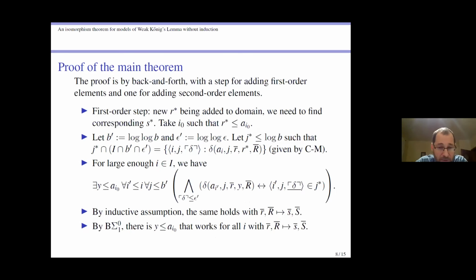Now, let's decrease our requirements on what things we want to be equivalent in the next step a little bit. So let's make the new B, let's say B prime. I think log suffices. Maybe you need log in both cases, but I wouldn't worry about that too much. And let's decrease the Gödel numbers that we care about, epsilon, by double exponentially as well.